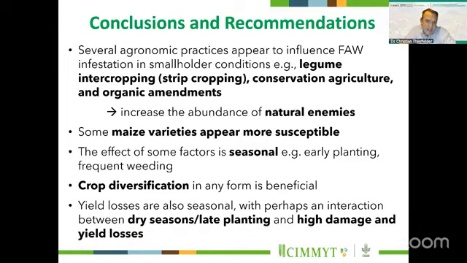Then finally, yield losses are seasonal, with perhaps an interaction with dry season, late planting, and high damage and yield loss. But this is really dependent on the seasonal situation that you are in and what we can expect from different types of seasons.